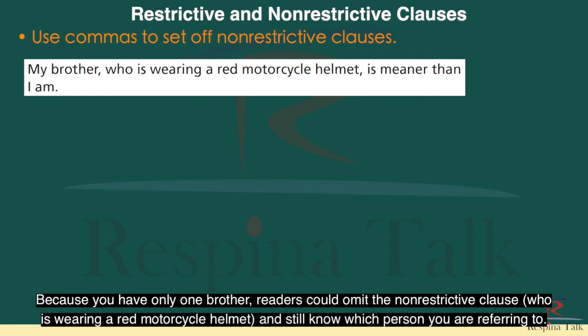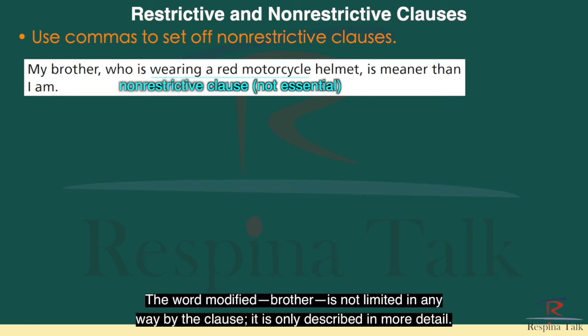Because you have only one brother, readers could omit the non-restrictive clause, who is wearing a red motorcycle helmet, and still know which person you're referring to. The word modified, brother, is not limited in any way by the clause. It is only described in more detail.